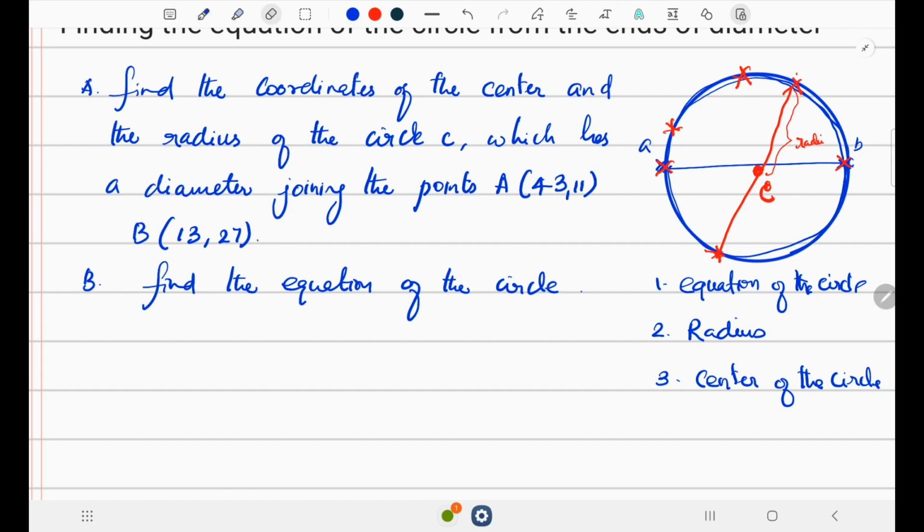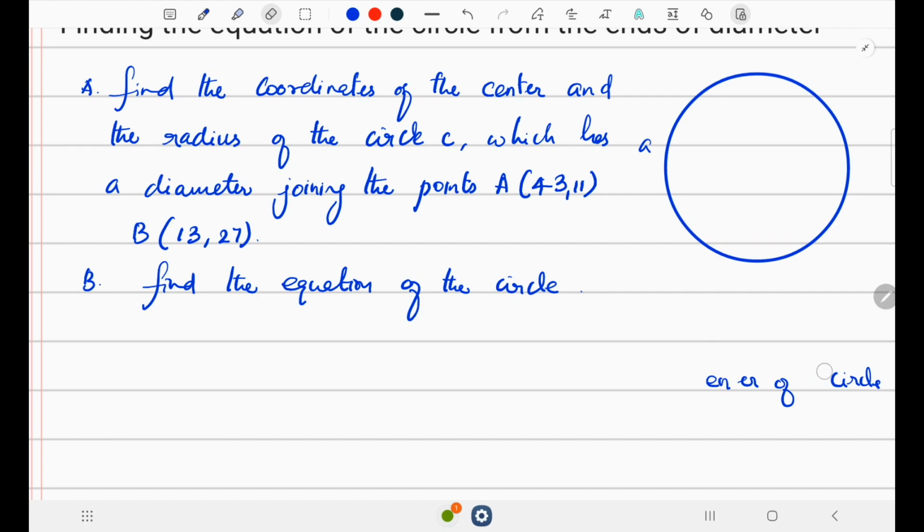I'm erasing this one. From the question, what we understood is that there is a circle. The name of the circle is C, and we have two points.